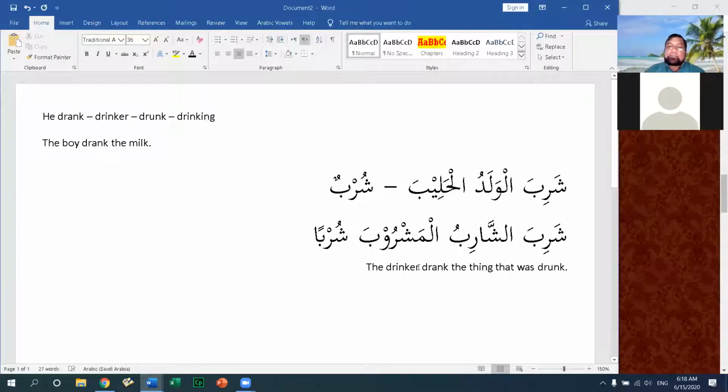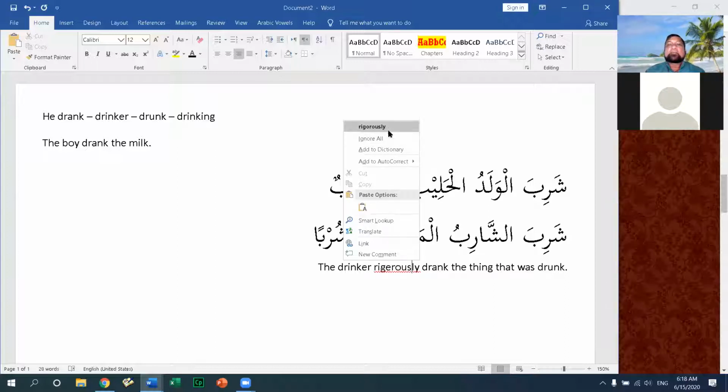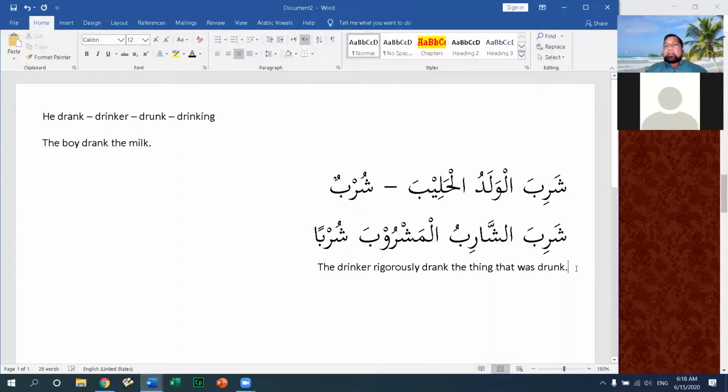So, the drinker rigorously. R-I-G-O-R-O-U-S, rigorously. Rigorously is actually used as an adverb in English.